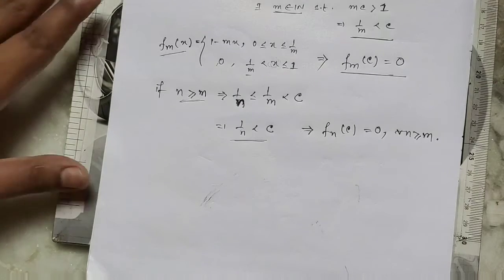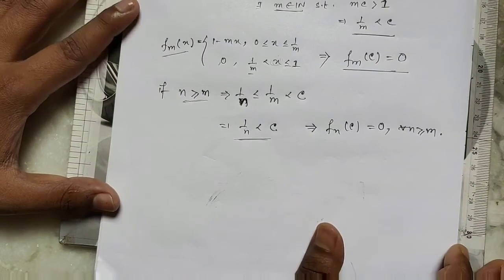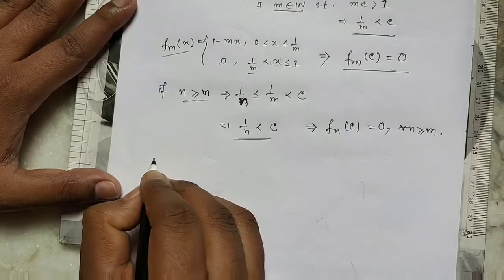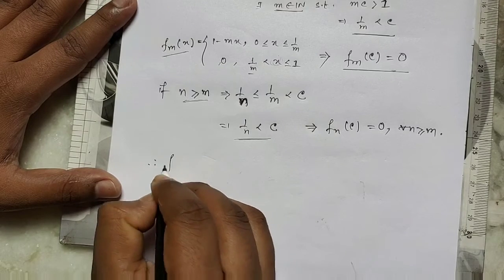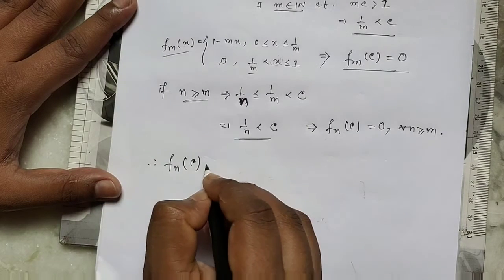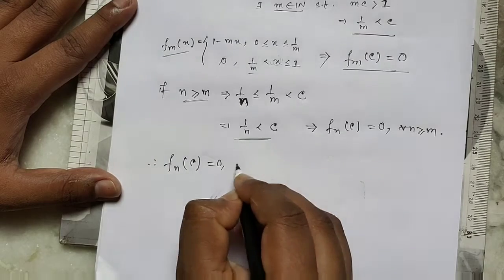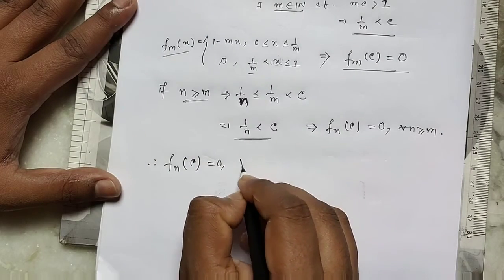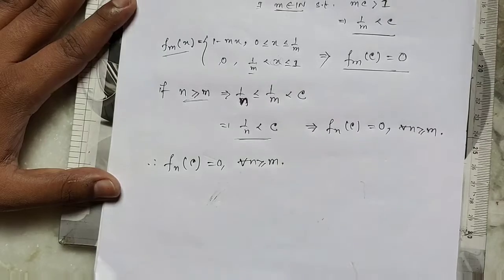Therefore f_n(c) is equal to 0 for all n greater than or equal to m.